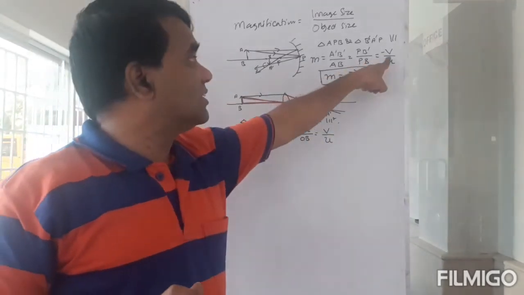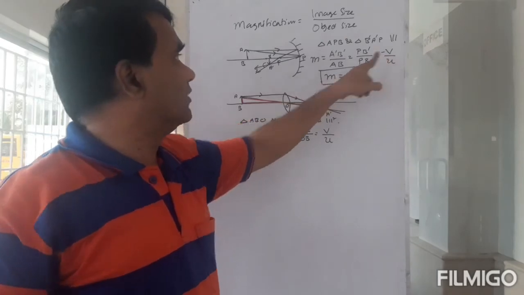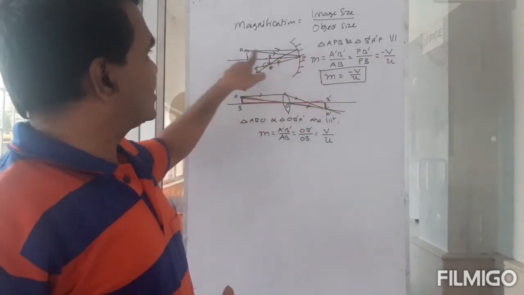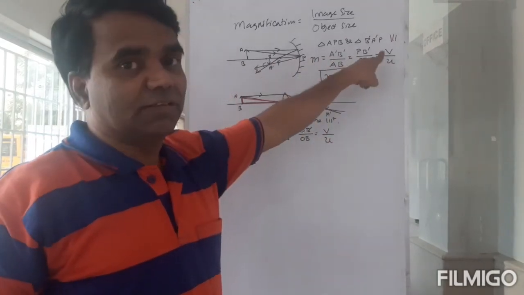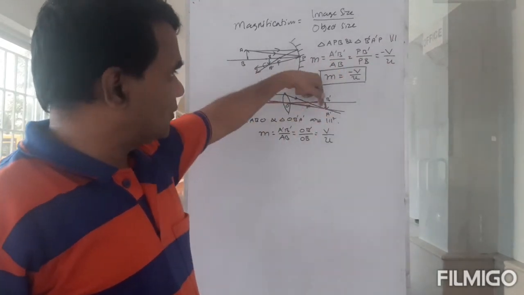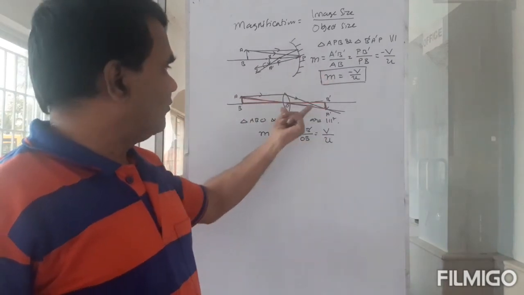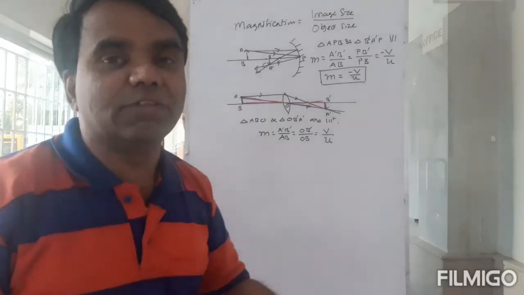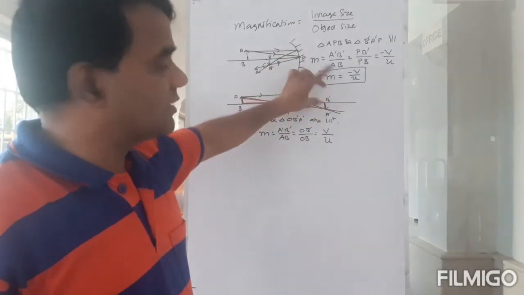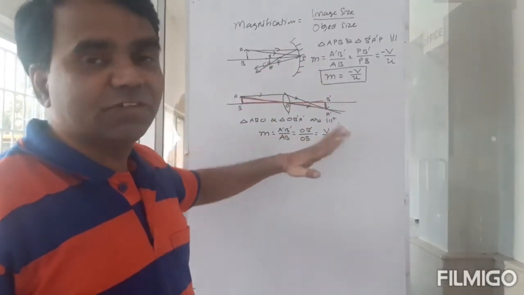I am not going to make the adjustments I made here. Here, this was negative and this was also negative, so it gave me a positive number, and I had to introduce a negative sign there. But here I actually know the image is inverted, but V is positive and U is negative, so V by U itself will give me a negative number. So the inverted nature of the image is already taken care of in this equation.